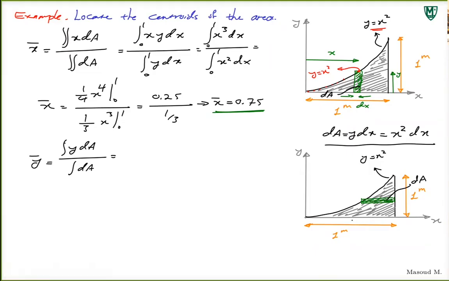So height times width. Let's go with width in this direction. Since I defined this as x, if this part is x, then that part is 1 minus x, because the whole thing is 1.